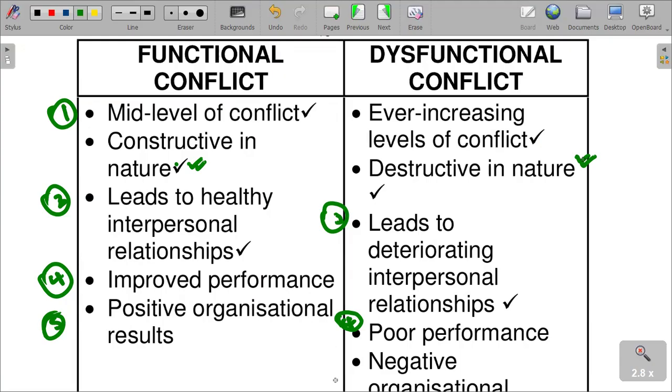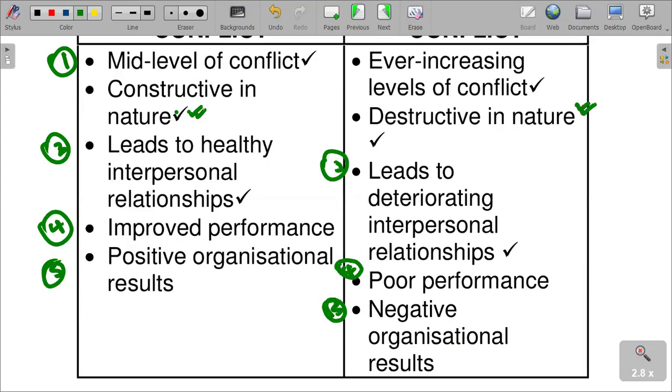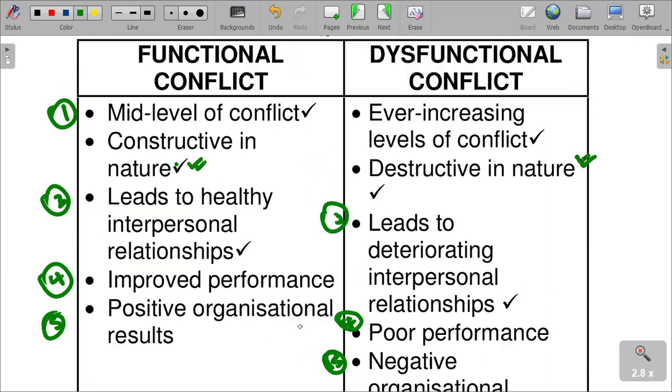Then in dysfunctional conflict, it has to do with negative organizational results. Negative organizational results are experienced in dysfunctional conflict.